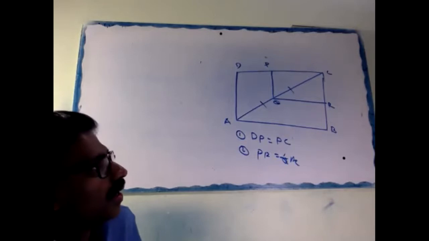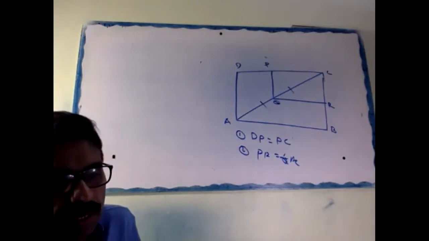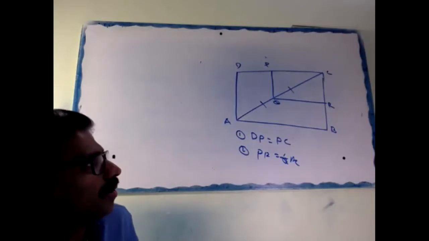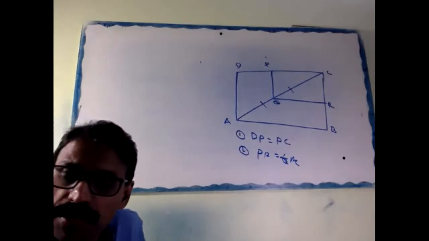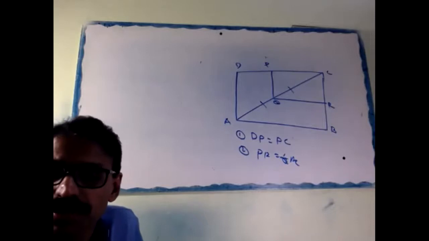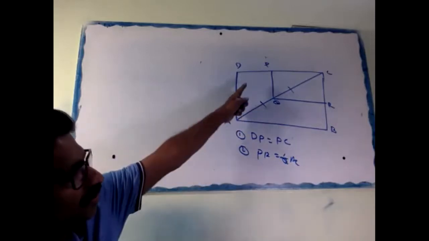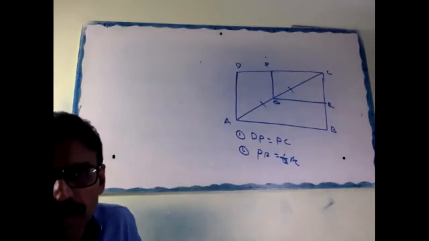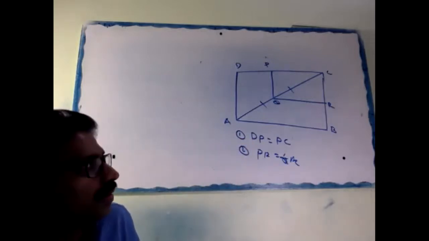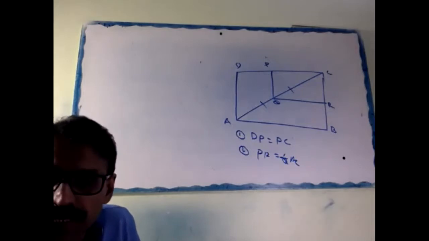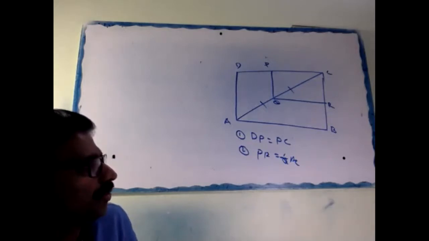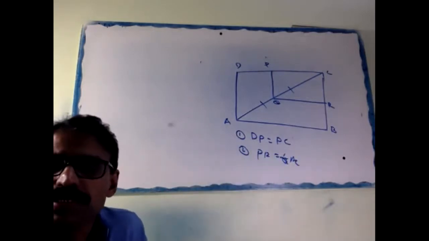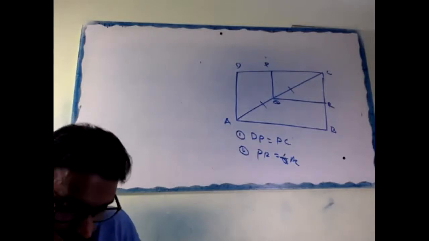In a rectangle, diagonals are equal in length. But QC is equal to half of AC, given. Therefore, PR is equal to half of AC. Second part we finish. What to do for the first part now?